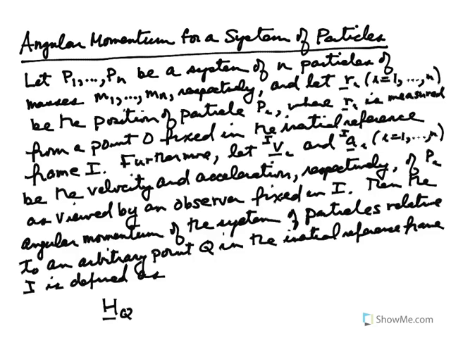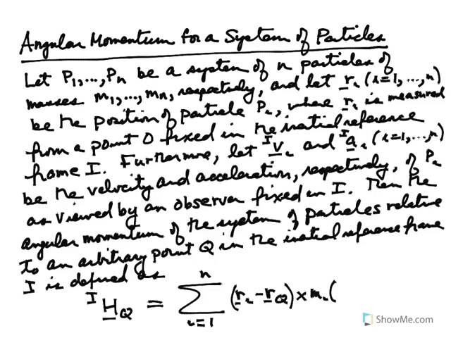H, Q, I is equal to the sum from i equals 1 to n of Ri minus RQ crossed with Mi times Vi in I minus VQ in I.